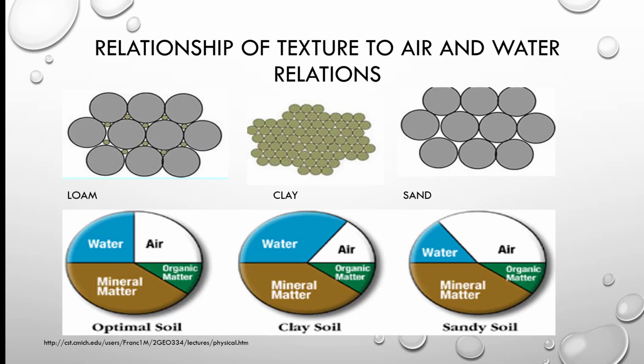And we've got our ideal soil on the left that we've gone over before, and the clay soil in the middle, where the pore space is going to be more water than air, and then with sand it's going to be more air than water.